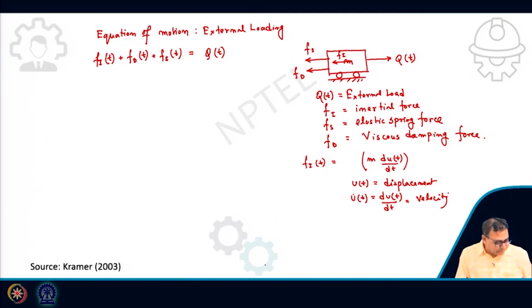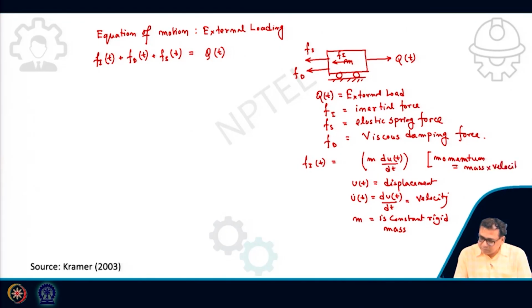And m is constant, a rigid mass. Newton's second law says it is the rate of change of the momentum, and momentum means mass into velocity.